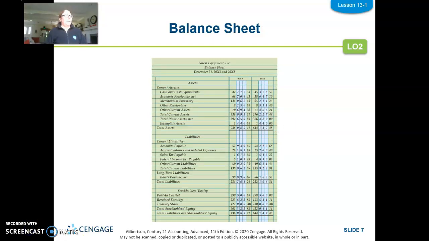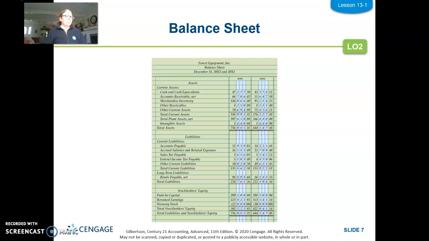Next, we have our balance sheet, and things that I would note about the balance sheet, which is on page 371. In the heading, we have just December 31st of X3 and X2, so we only present 2 years of a balance sheet. And you guys already know that we're making sure that our assets equal our liabilities and stockholders' equity.